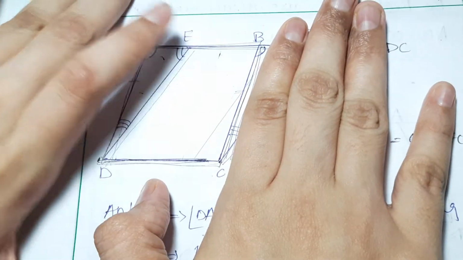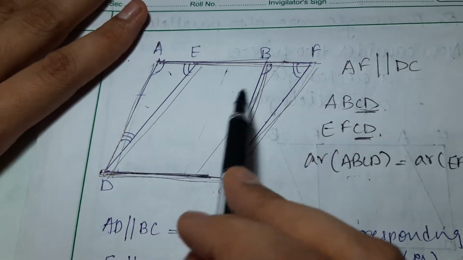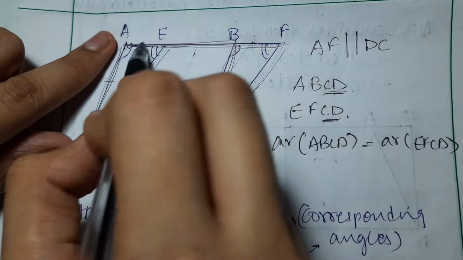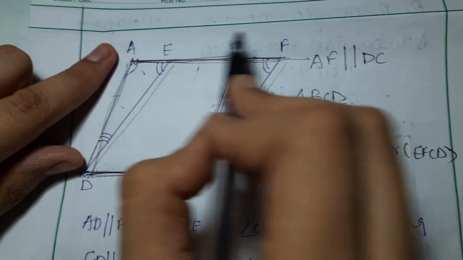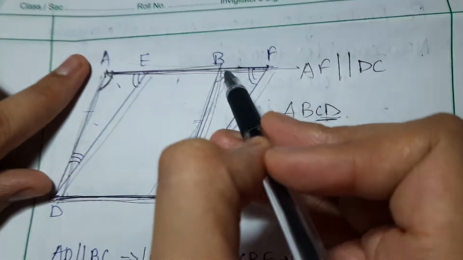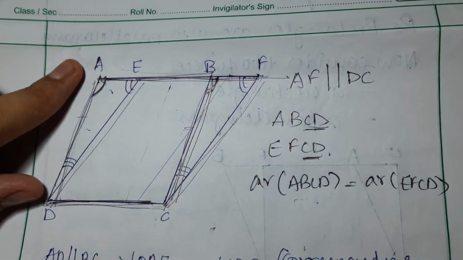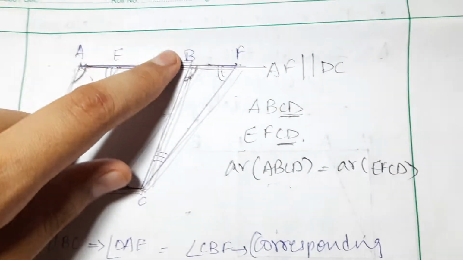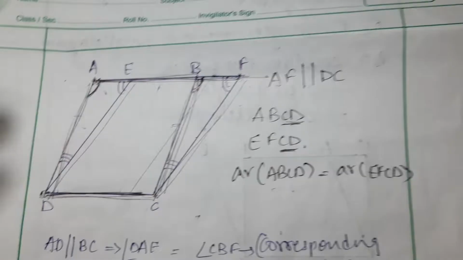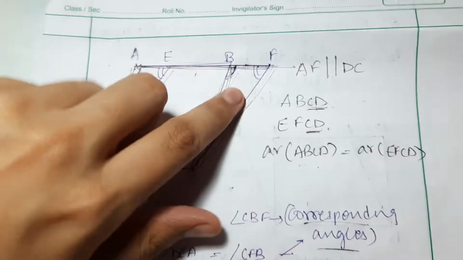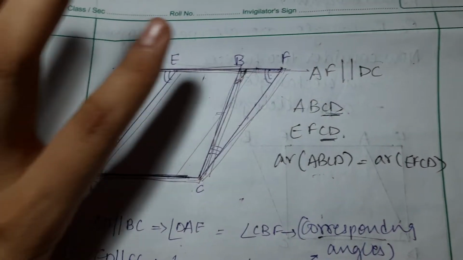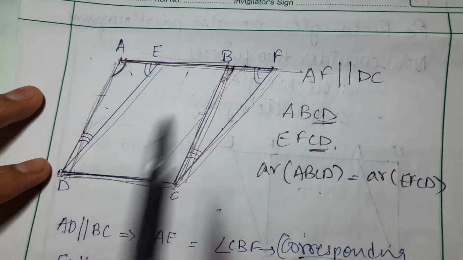By property of parallel lines, these two are parallel and this is the line that's passing through them, which means this angle here and this angle here are equal. So DAE is equal to CBF, because they are corresponding angles. These two are parallel.